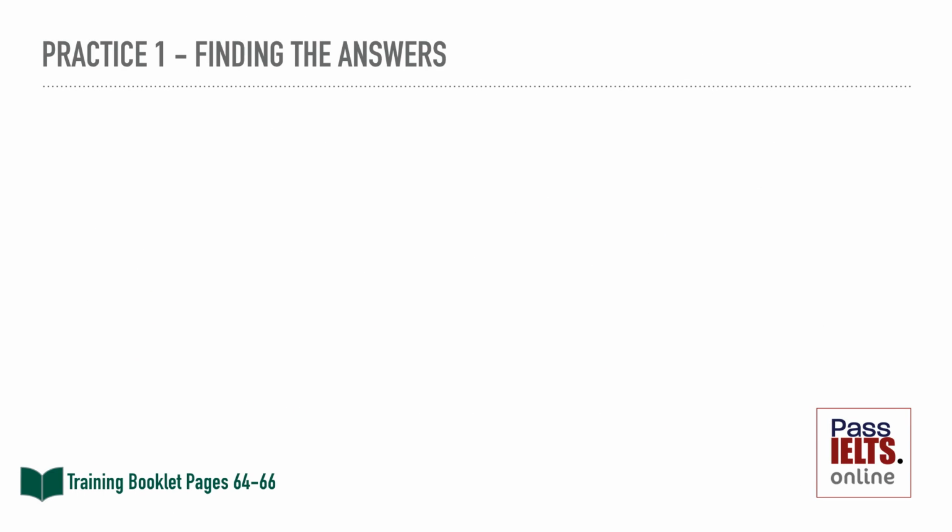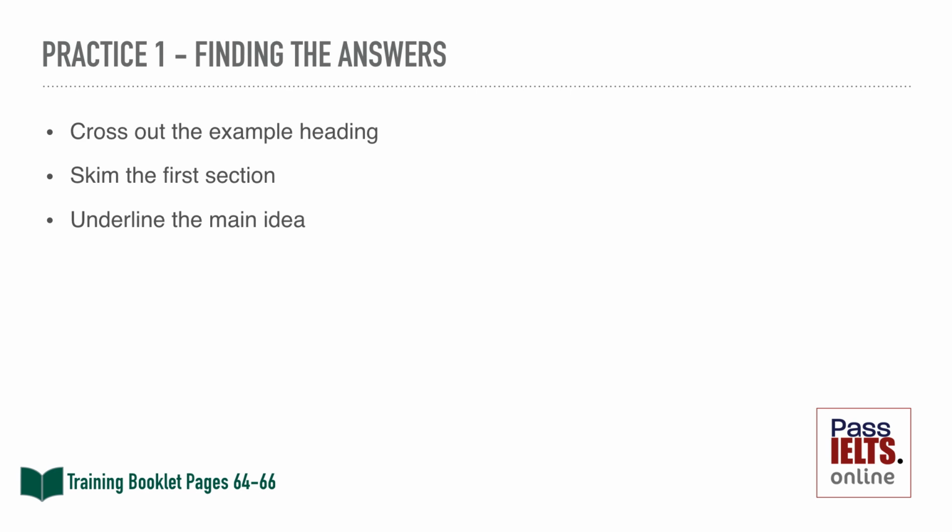So let's practice together. First of all, you need to always cross out the example heading. Sometimes there is an example, sometimes there are 2 examples, but you should cross out the example headings as you can only use each one once. Then you would skim the first section or paragraph and underline the main idea.